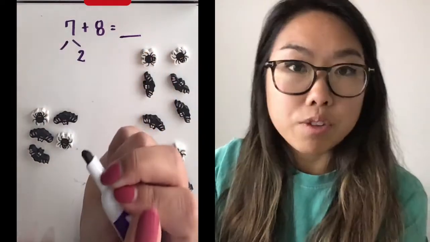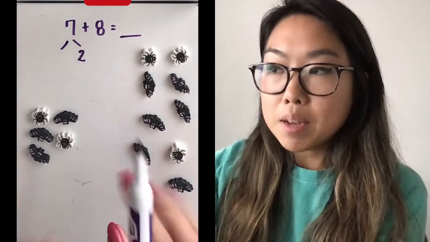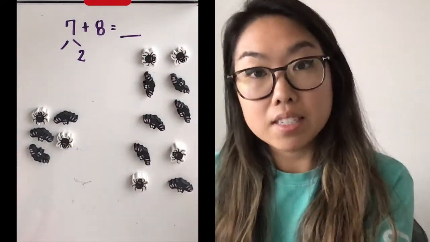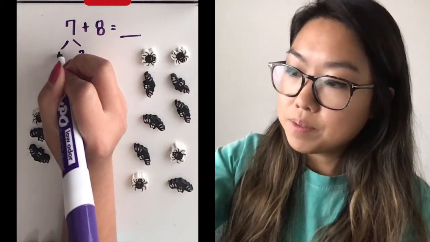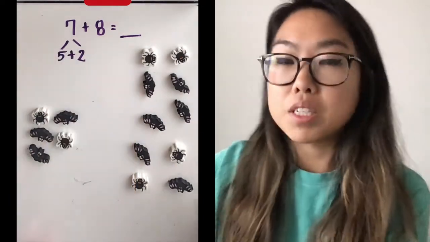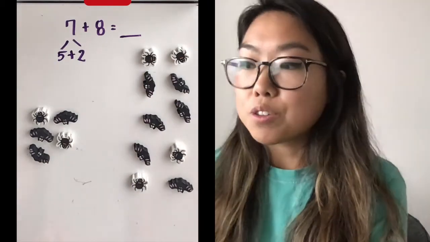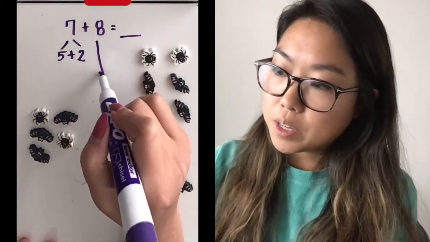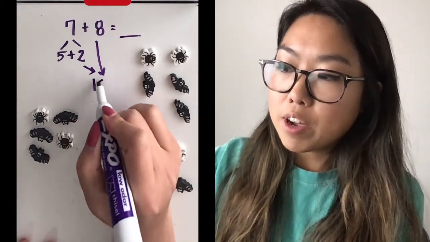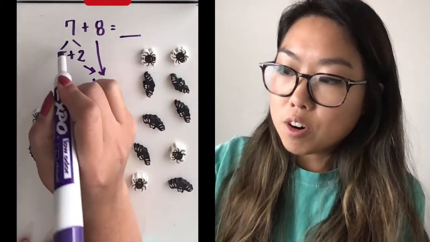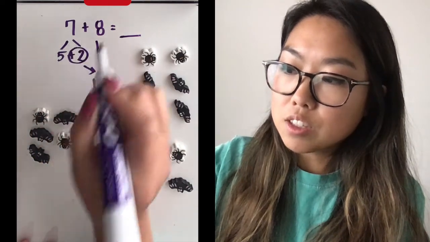And then how many do I have left? You can see because I moved 2 over to make a 10 with my 8, I have 1, 2, 3, 4, 5 left, because 5 plus 2 equals 7. Now I have a 10, and I've already used it, so I can circle it.